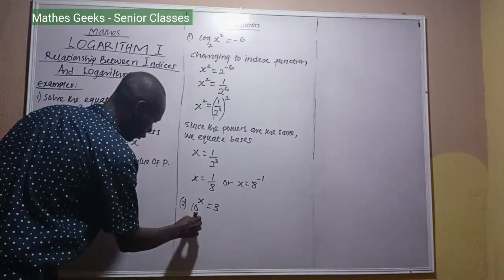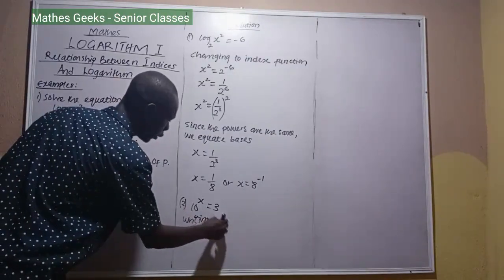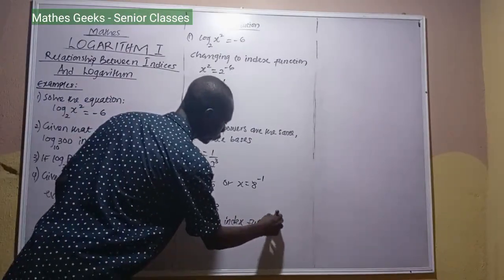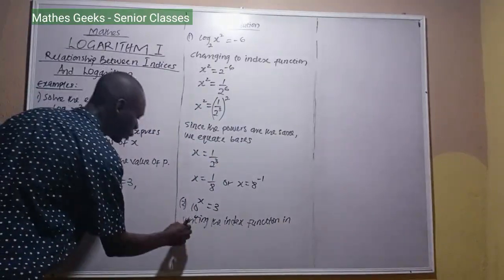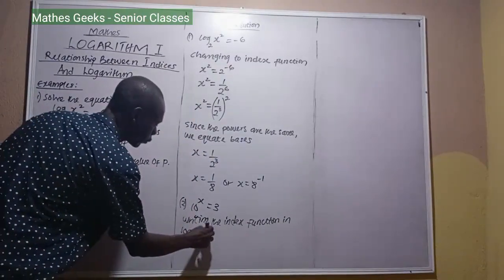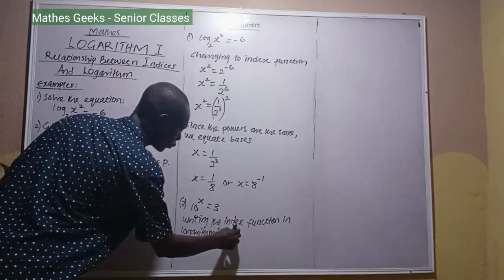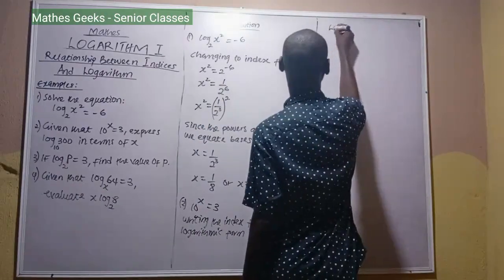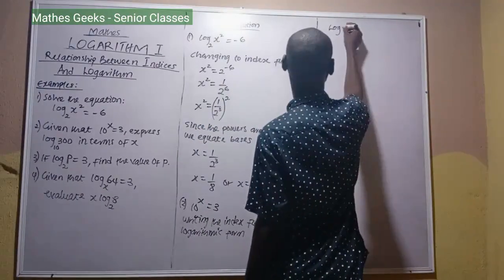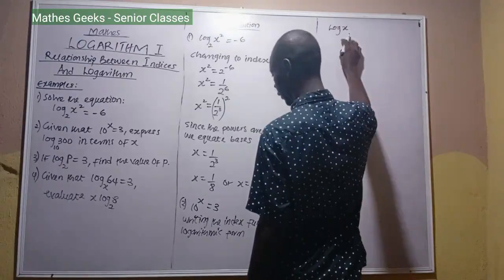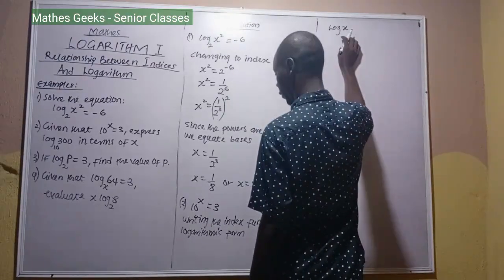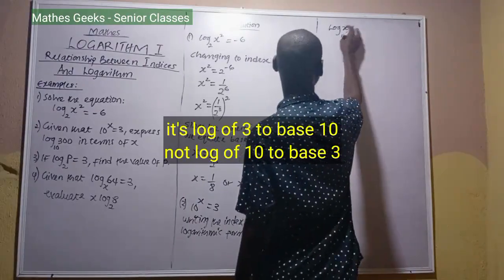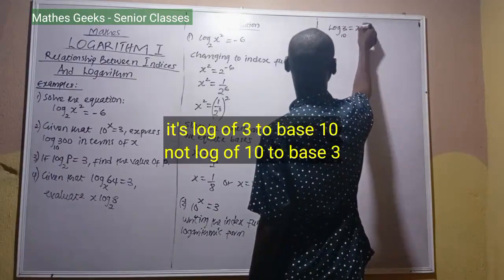Writing the index function in logarithmic form, we're going to have 10 raised to x equal to 3 will give us log 3 to the base 10 equal to x.